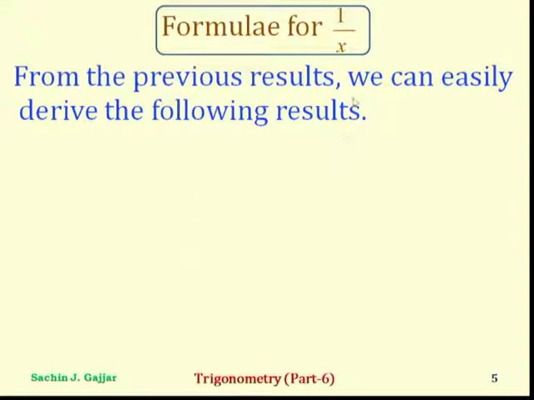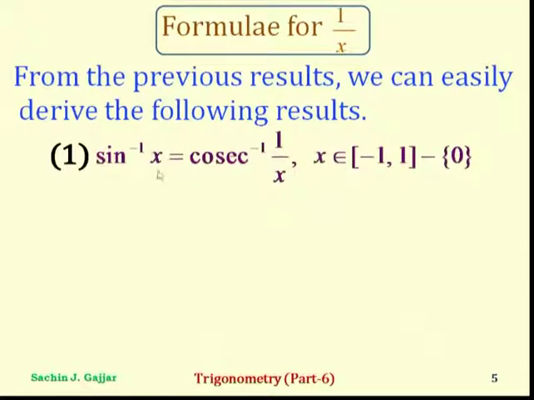From the previous results, we can easily verify the following results. First one, sine inverse x equal to cosec inverse 1 upon x. Before, we learned that cosec inverse x equal to sine inverse 1 upon x, and this time we write sine inverse x equal to cosec inverse 1 upon x, where x belongs to the closed interval minus 1 to 1 minus 0.